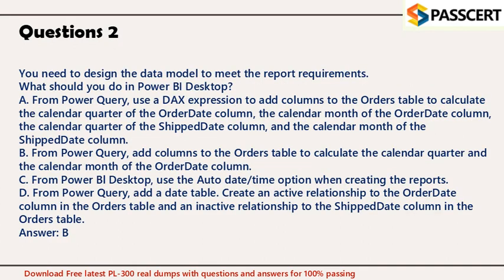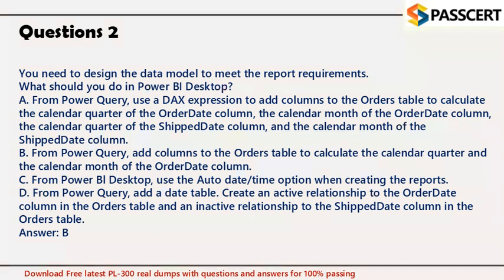2. You need to design the data model to meet the report requirements. What should you do in Power BI Desktop? A. From Power Query, use a DAX expression to add columns to the orders table to calculate the calendar quarter of the order date column, the calendar month of the order date column, the calendar quarter of the shipped date column, and the calendar month of the shipped date column.